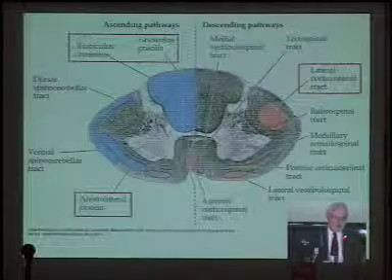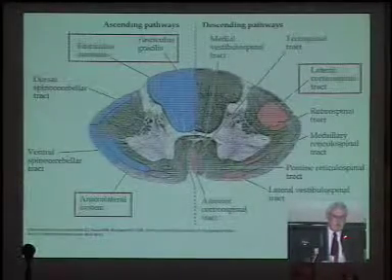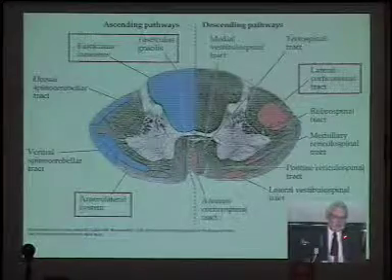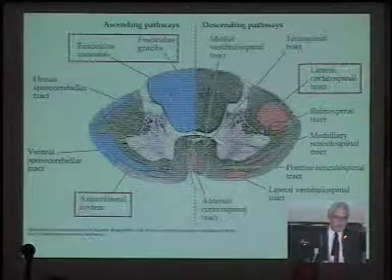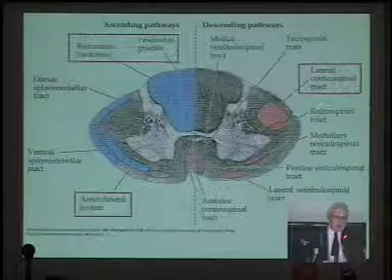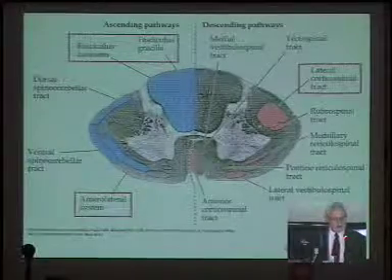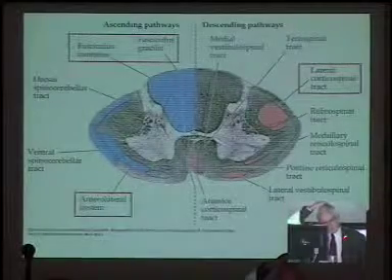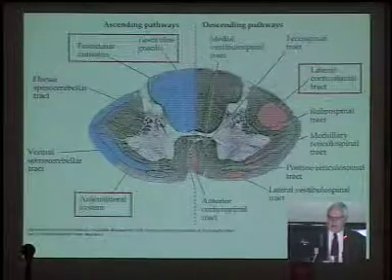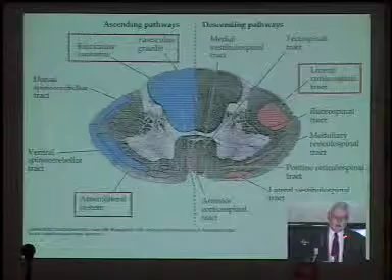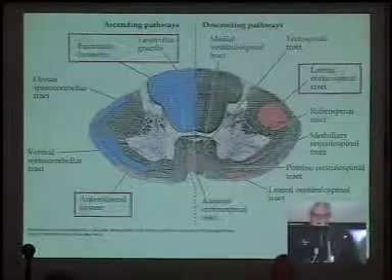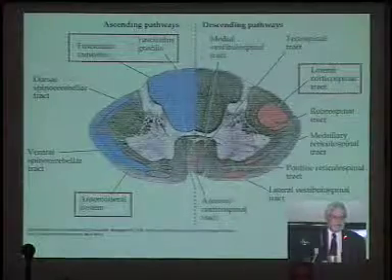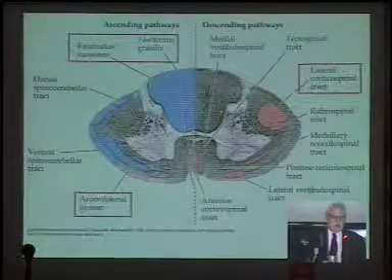But as you can see, if the damage were up in the medulla or the midbrain, those fibers come down and cross over. So if we have damage in the brainstem or in the cortex, we will have a contralateral motor deficit or paralysis. Okay, there are a lot of other pathways in here, but it is damage to these 3 systems which are most evident when we have traumatic damage to the cord.